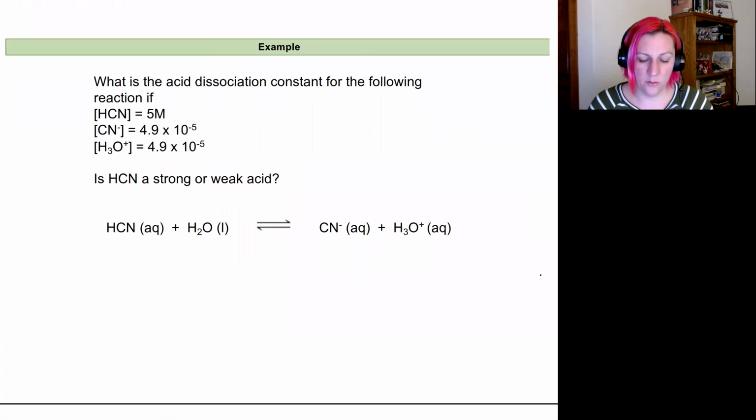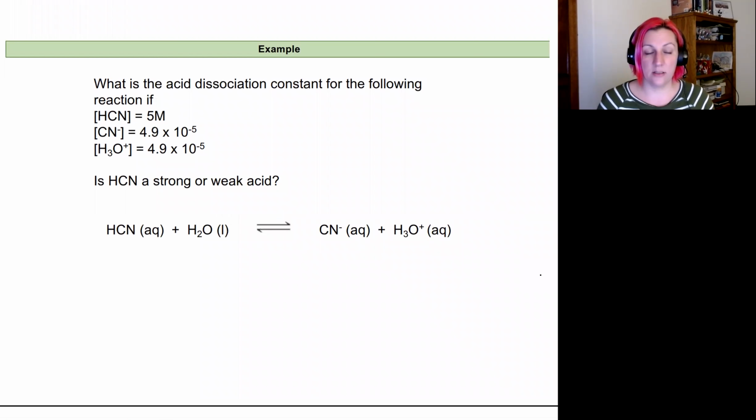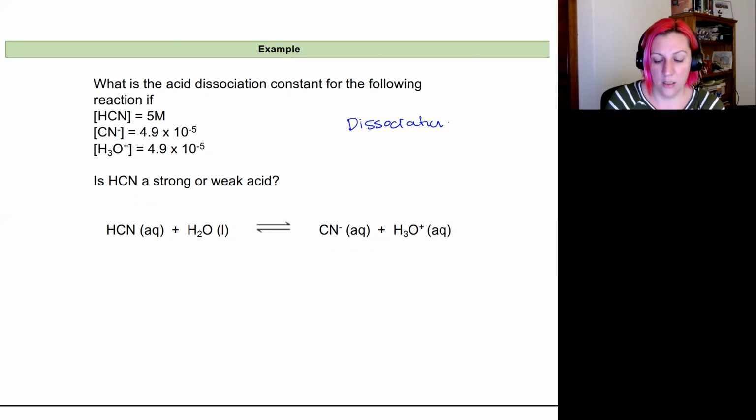So let's walk through an example of how to calculate this, looking at hydrocyanic acid again. So let's calculate the acid dissociation constant for this reaction. What we're always going to be looking at when we do these is the dissociation reaction. So you may need to predict the products of that. You may just know the acid is added to water.